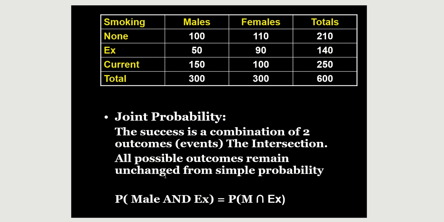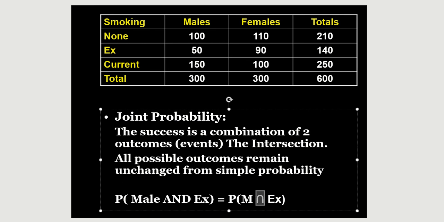More probability. Now we're going to look at the intersection, or what is called the joint probability. This is where we're going to use the reversed U, also known as the AND. So for a person to be considered part of the success, they have to meet both of the successes at the same time.